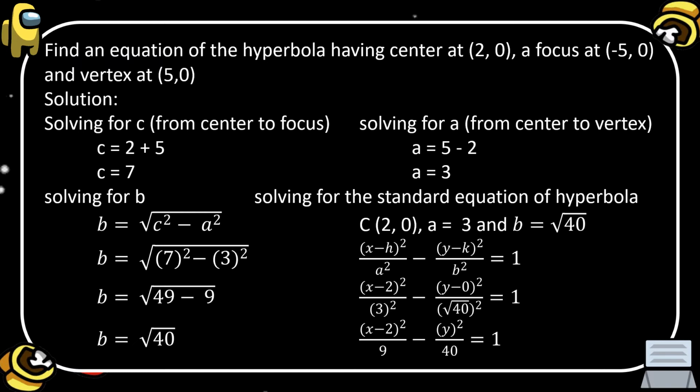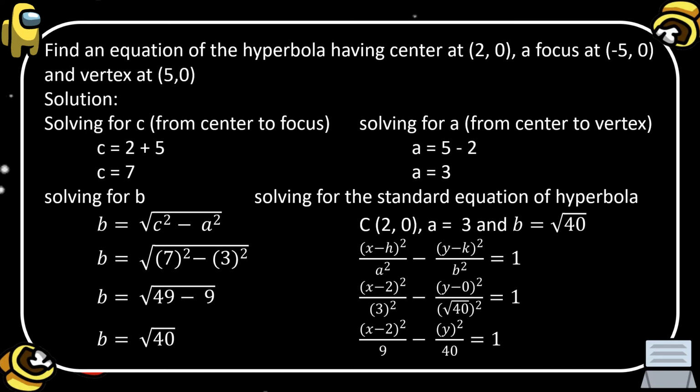Since this is horizontal, sumugamit ta sa formula nga the quantity of x minus h squared over a squared minus the quantity of y minus k squared over b squared is equal to 1. Okay, substitute si A nga 3. Then substitute po si B nga square root of 40. Okay, so since h and k is the center of your hyperbola, so ang imong center, the value of h is 2 and the value of k is 0.